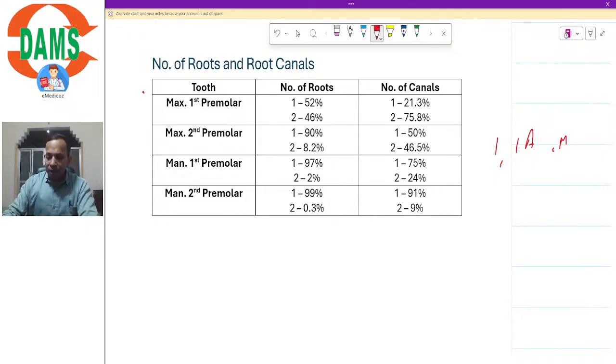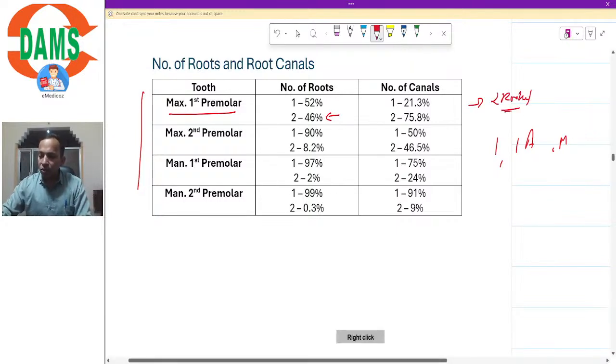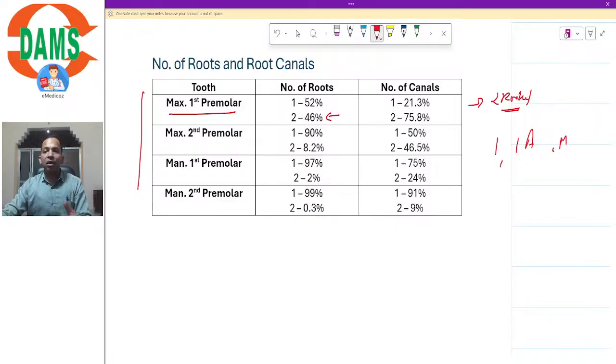So in case of premolars, the maxillary first premolar, as I've told you, is a two-rooted tooth. Though only in 46% cases it has two roots, and in approximately 50% cases it has a single root, yet we call it a two-rooted tooth. We don't keep it in the category of single-rooted teeth.